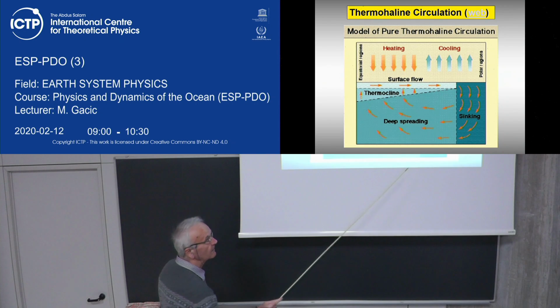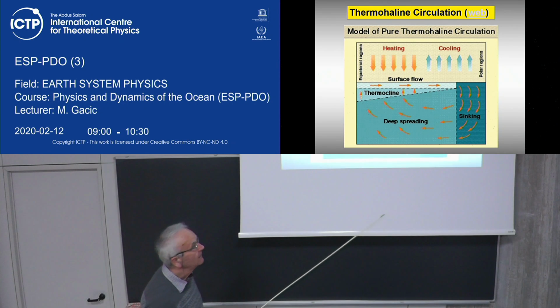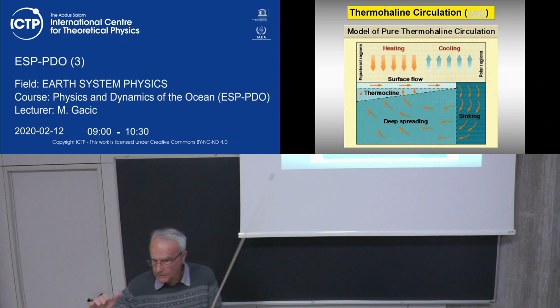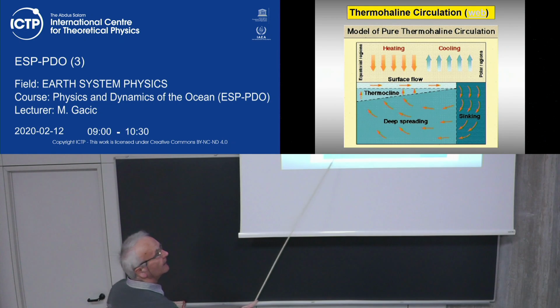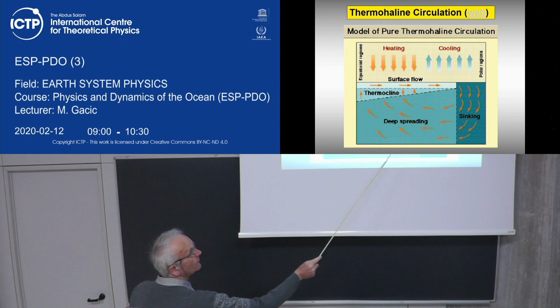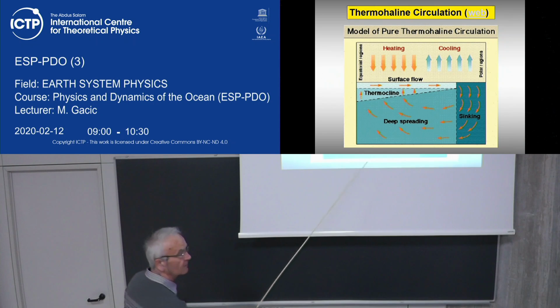The other aspect of thermohaline circulation is that here in the polar area, the water column from the surface to the bottom is vertically mixed, because there is a vertical mixing due to this sinking of the water. And when we go from the polar areas toward the equator, there is a thermocline.